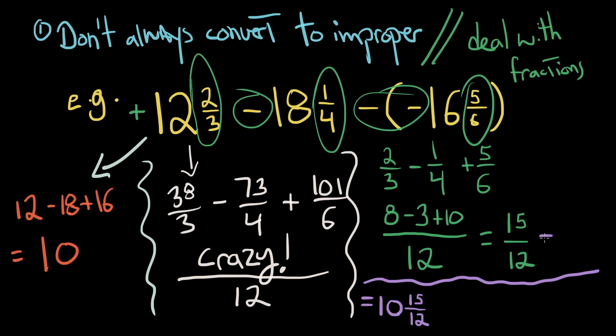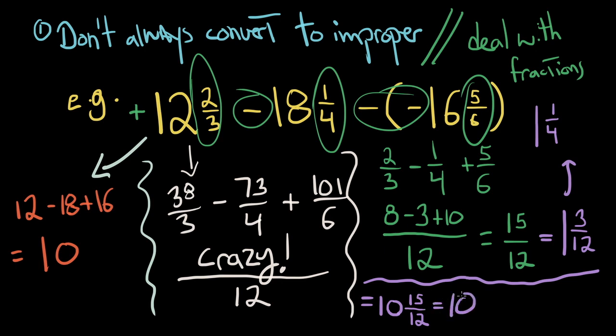Remember, 15/12 is really a whole and 3/12. So 1 whole and 3/12. And I'm even going to simplify that more over here. And that's 1 and 1/4. So I need to add, so I'm going to convert this. This 15/12 is 1 and 1/4.